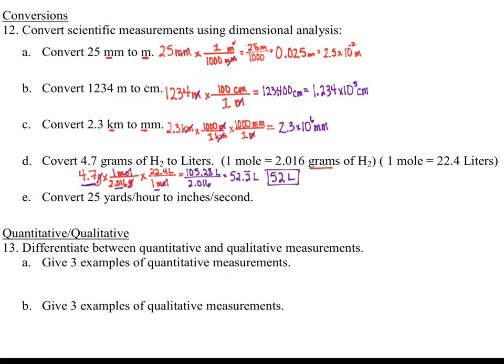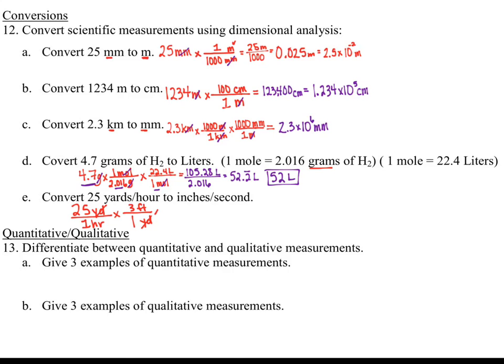Okay, again, don't get overwhelmed. Let's do this together. So 25 yards per hour. Okay, and we want to end up with inches per second. So let's convert. Let's look at yards first. We want to get rid of yards. So there's yards, but we know we have 1 yard is 3 feet.